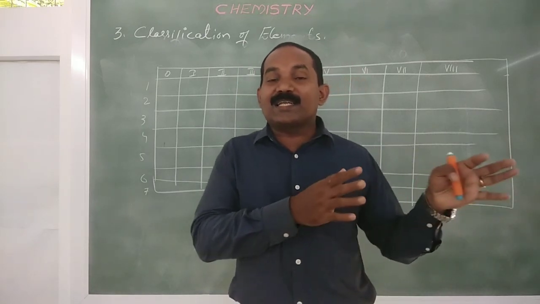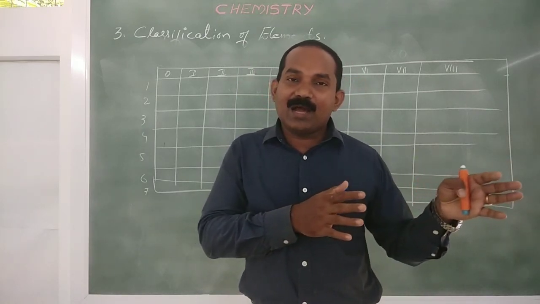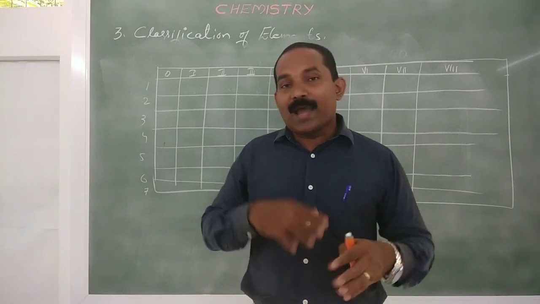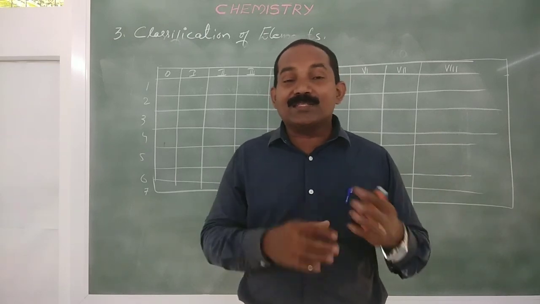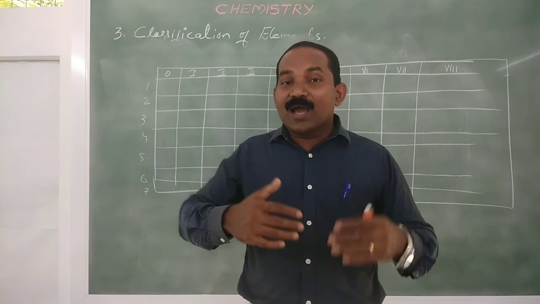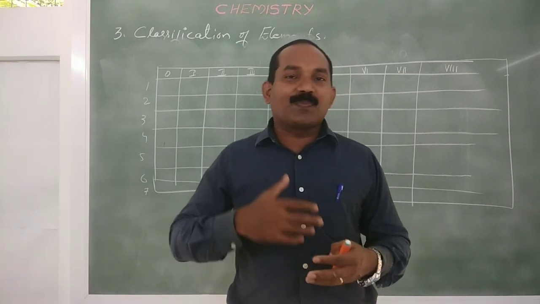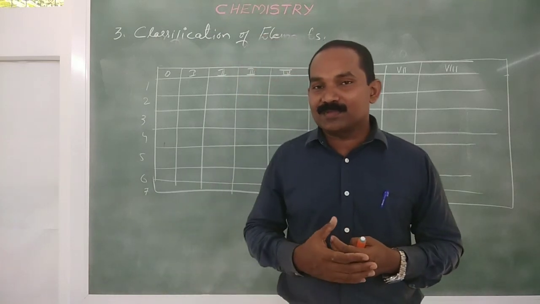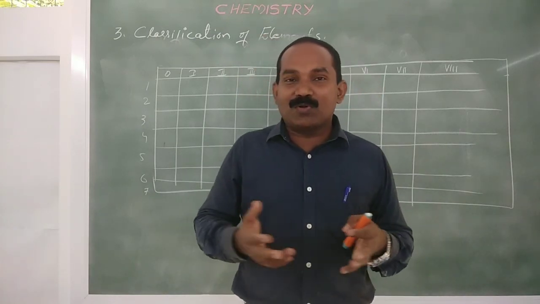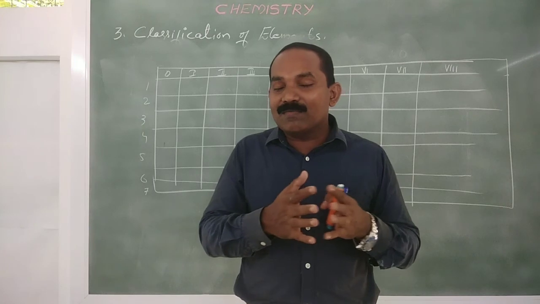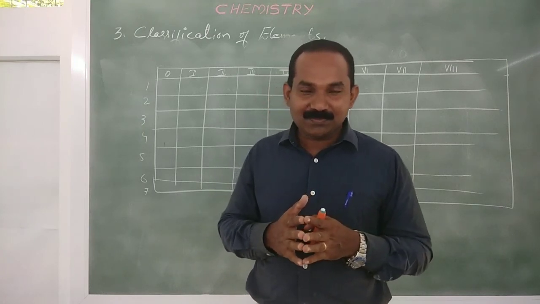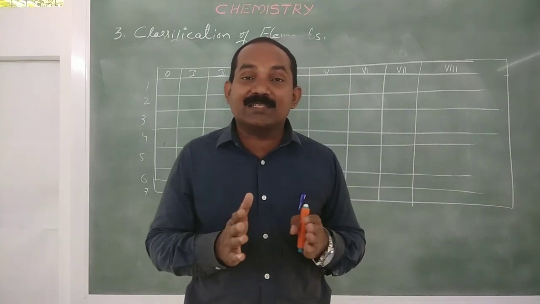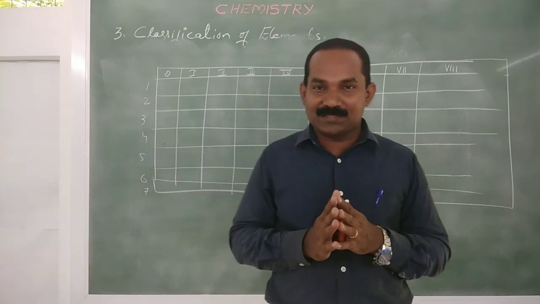So these are the developments in the periodic table. Remember that when Mendeleev proposed the periodic table in 1869, the electrons, protons, and neutrons were not discovered. The subatomic particles were not discovered.